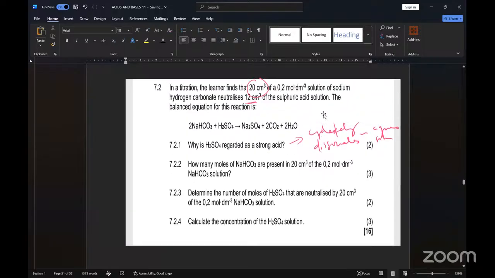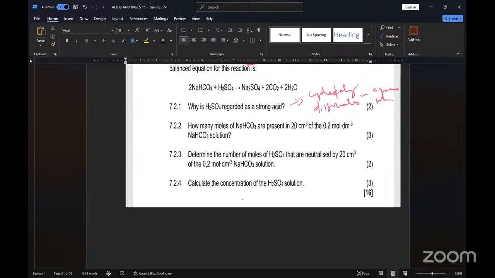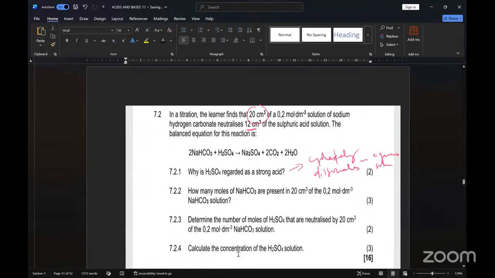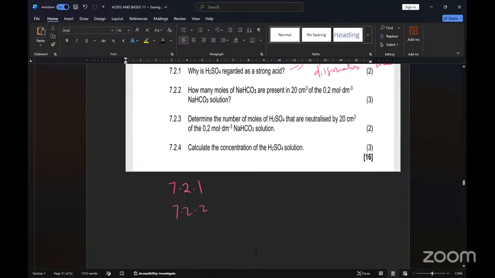So you come here and look. Let me go to 7.2.1. We have answered that. So 7.2.2. How many moles of that? You are given the volume of the sodium hydrogen carbonate as 20 centimeters cube.